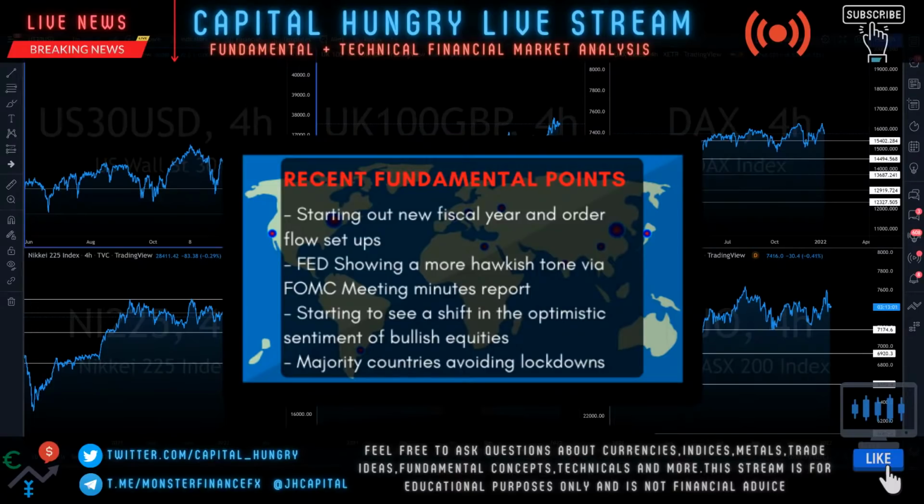But anyways, the Feds are showing us a more hawkish tone towards rate hikes, and other central banks are really going to start to follow suit and continue down that path. Because from an economic fear standpoint, a lot of the fear regarding COVID and coronavirus has been priced into the markets.